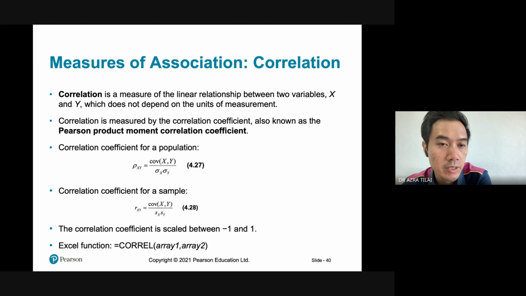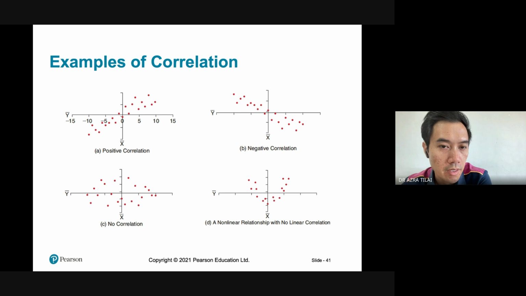Correlation. If you want to know the relationship, just now was covariance, now is correlation. You want to find the linear relationship between two variables. Okay, we need to see, is it a positive correlation? Is it a negative correlation? So what is a positive correlation?